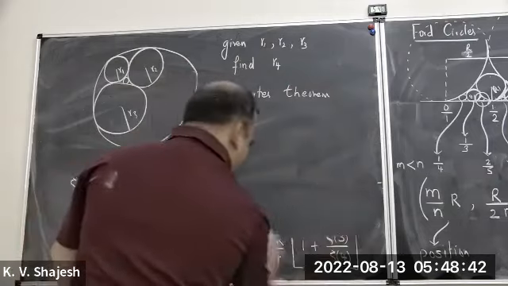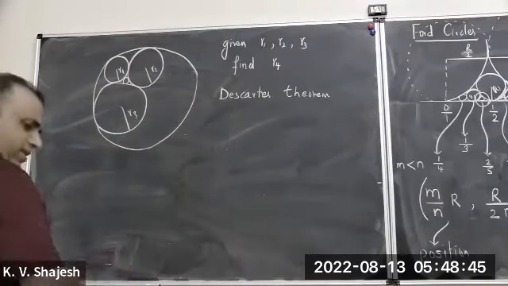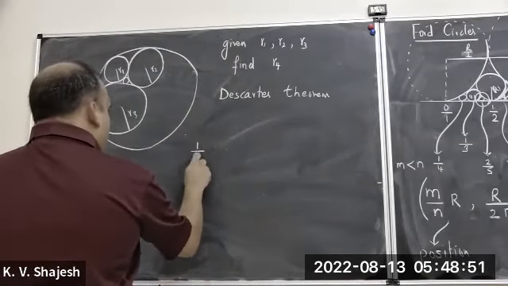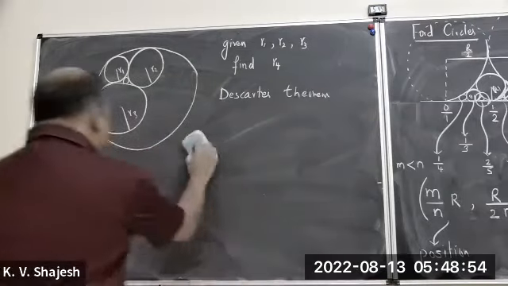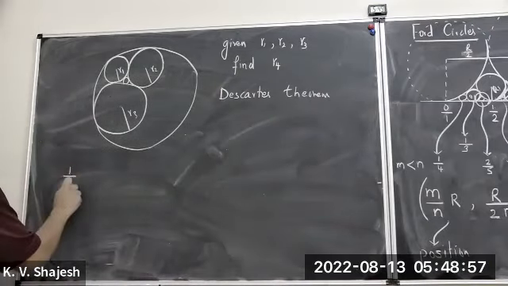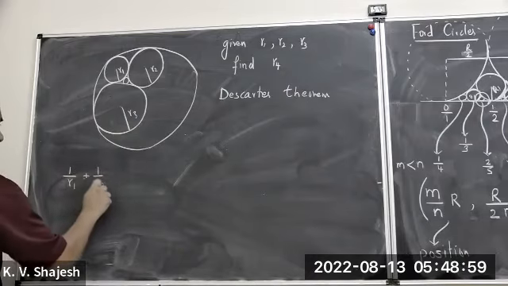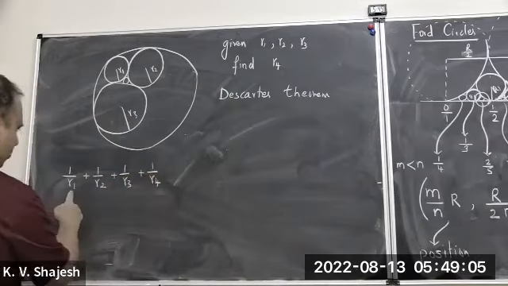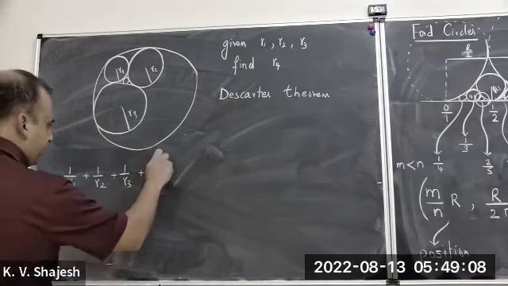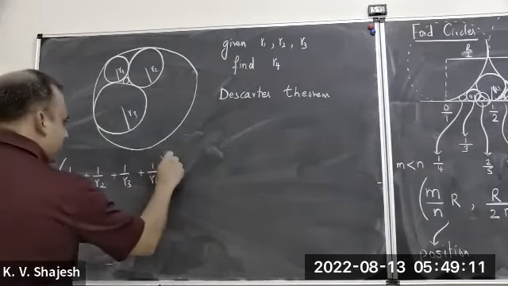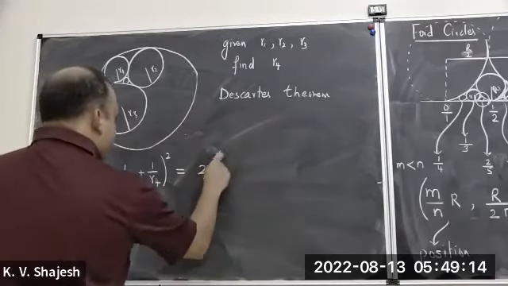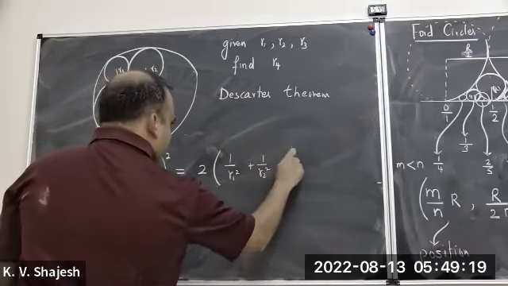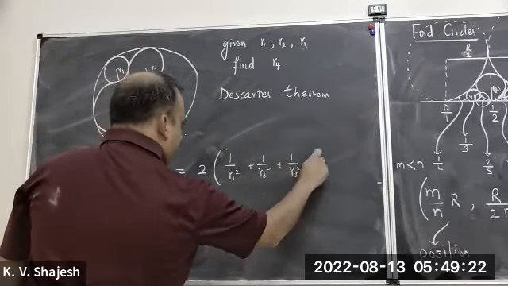Again, I have not tried to prove it, but the theorem is that these radii satisfy: 1 over R1 plus 1 over R2 plus 1 over R3 plus 1 over R4, the whole squared, is equal to 2 times 1 over R1 squared plus 1 over R2 squared plus 1 over R3 squared plus 1 over R4 squared.